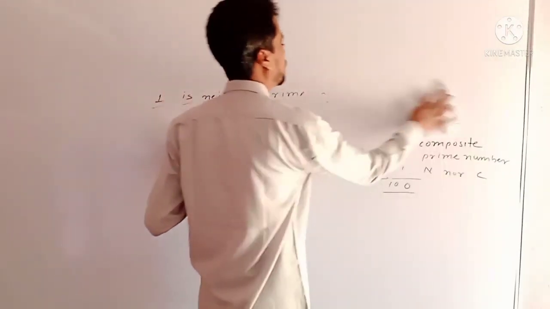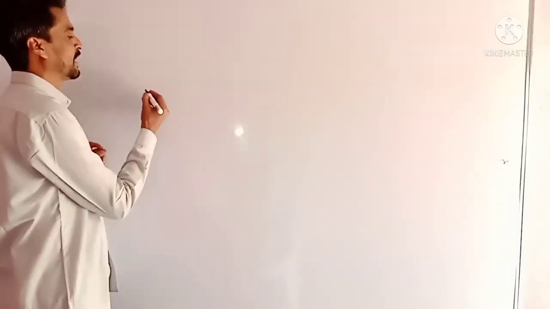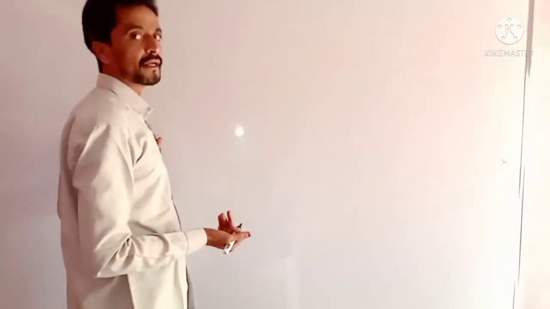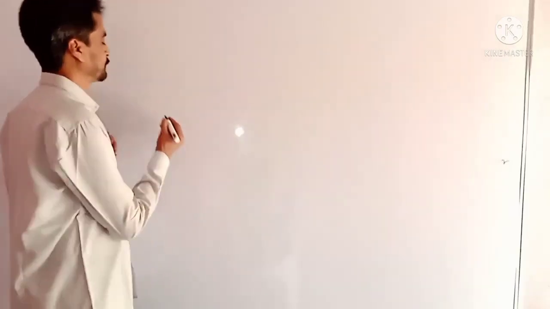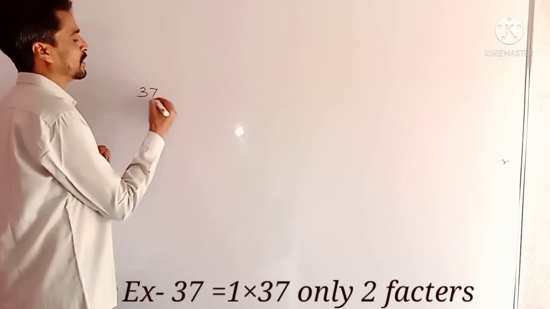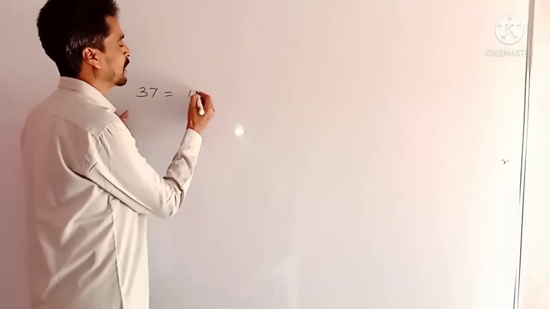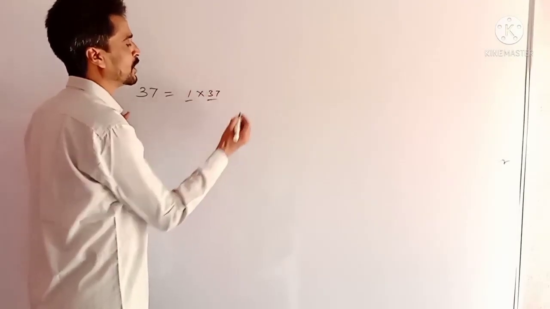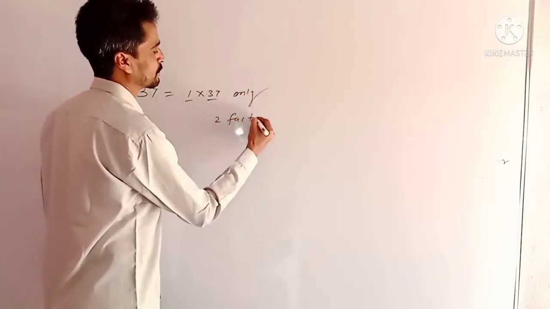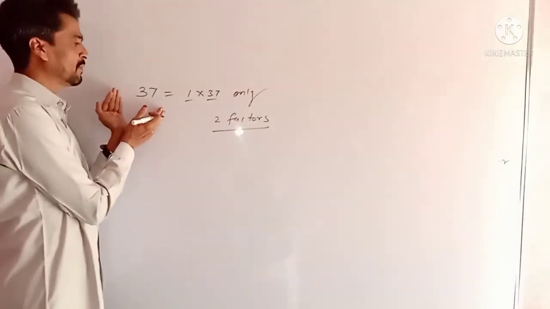Clear? The next basic point is an example: how can we decide whether a number is prime or composite? For example, 37. We need to factorize 37. 1 into 37. Only two factors. I have taken the example 37.